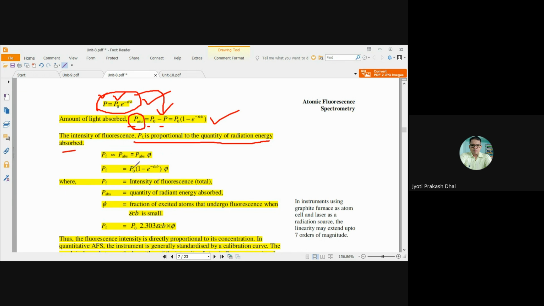So the intensity of the fluorescence is proportional to the quantity of the radiation energy absorbed. Now PF is directly proportional to PABS, which equals PABS into some constant phi.